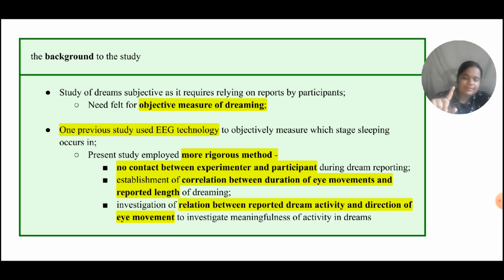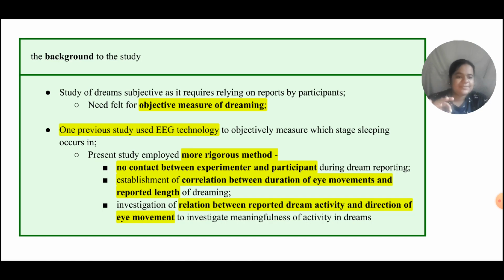So what we are seeing in the background is, firstly, they wanted to make their study more valid by reducing, in fact eliminating, that contact between the experimenter and participant, which they felt tends to distort subjective reports of dreaming. Secondly, they wanted to establish some aims that they had not previously. These last 2 points were not established in the previous study.